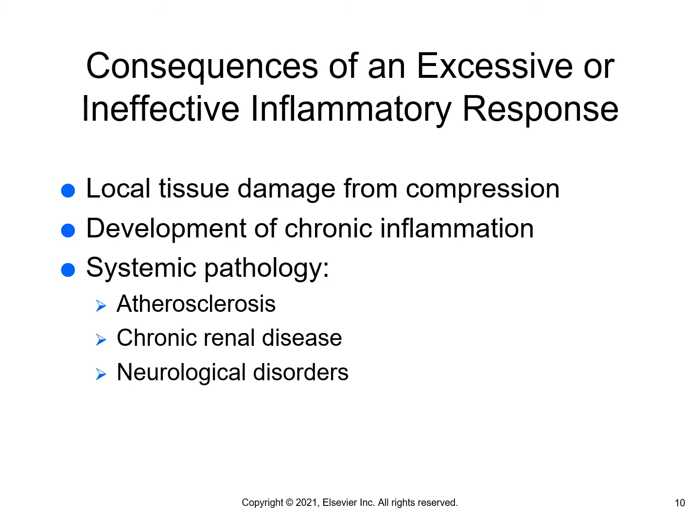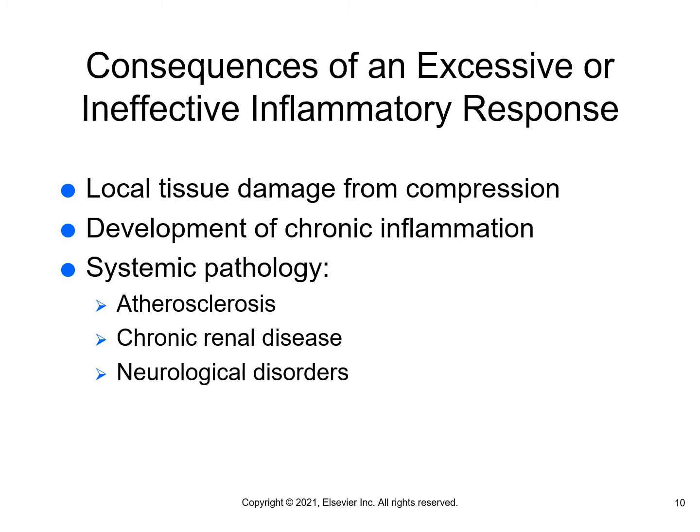Those systemic pathologies really happen because of those negative consequences, like I stated in the beginning. Sometimes it's due to an exaggerated immune response to stimuli, resulting in additional tissue damage, or on the other side, when we talked about immune response, it can be either exaggerated or under and inadequate.